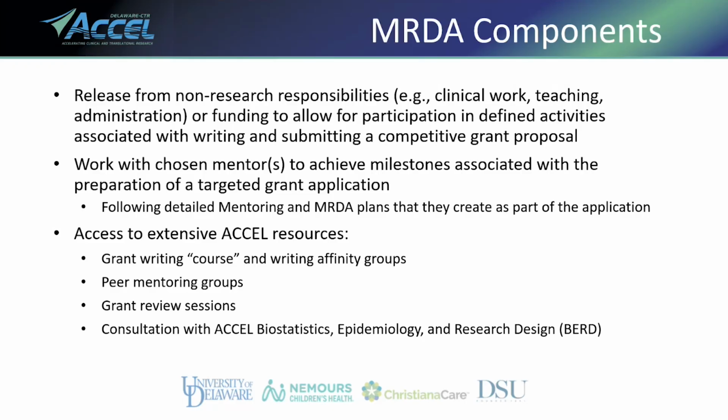There are also writing affinity groups for specific types of grant awards that you can join, which help over the course of a number of months to set out specific timelines and goals, which you are held accountable to by your peers. There's also the Junior Investigator Network, which has weekly meetings and peer mentoring groups that are part of the JIN, or Junior Investigator Network.